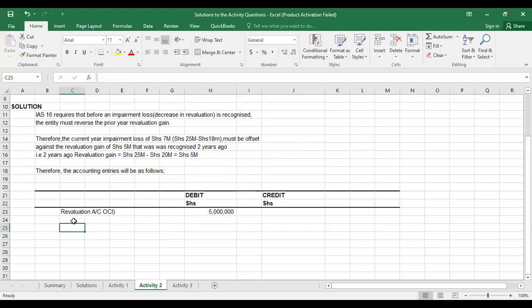Then the impairment loss account in our profit or loss will also have 2 million.